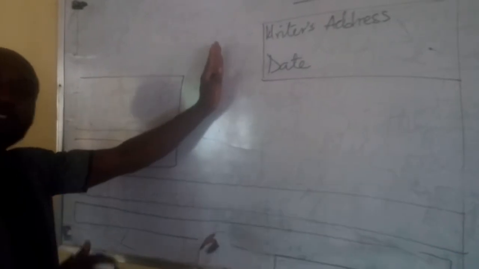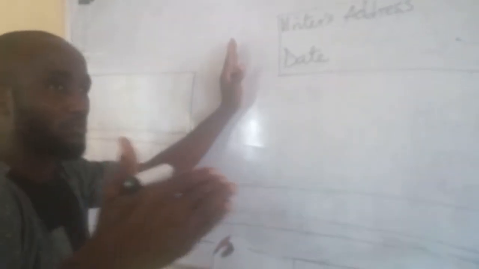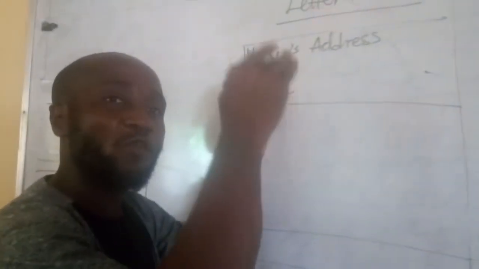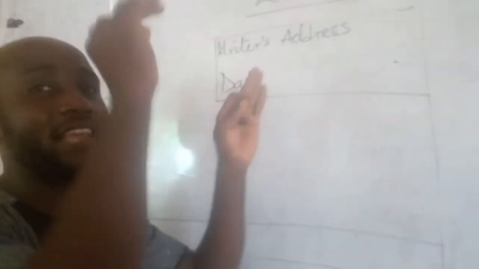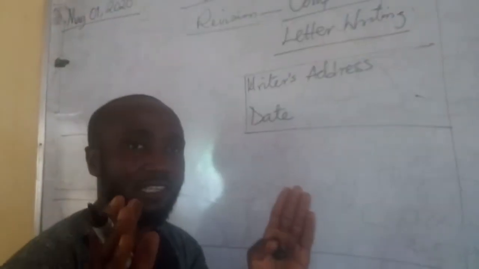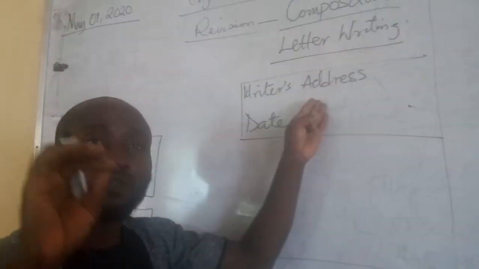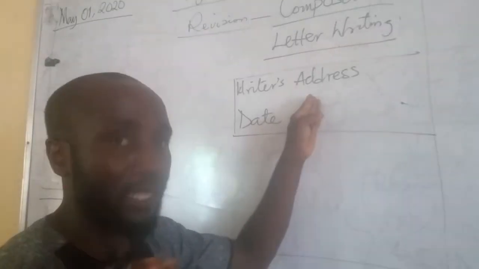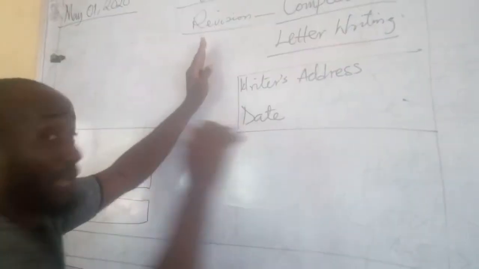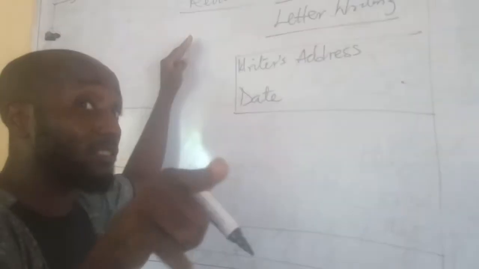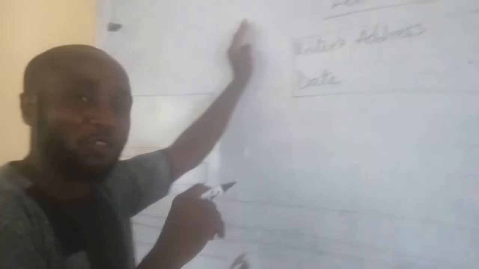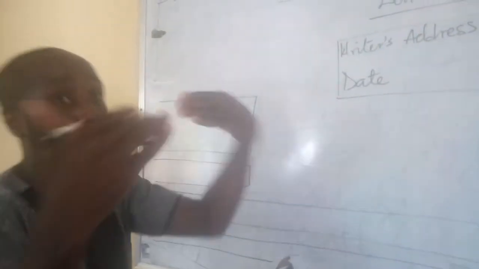Remember, we said each point of contact on your address should be on a separate line, and each word that makes up that should be written with a capital letter at the beginning. I know you know much about your address. We'll come back to that when we work it together.